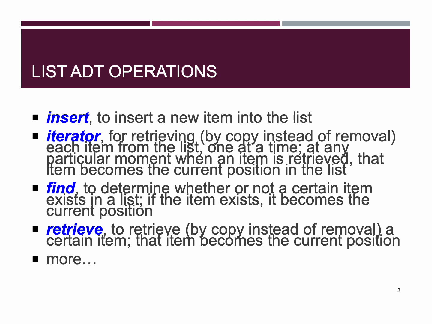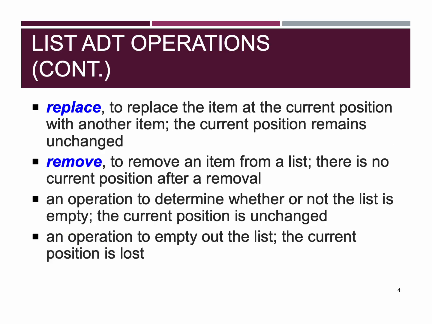Find, to determine whether or not a certain item exists in a list. If the item exists, it becomes the current position. Retrieve, to retrieve by copying instead of removal a certain item. That item becomes the current position.